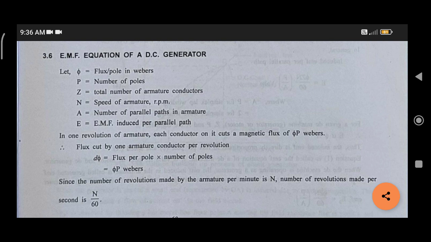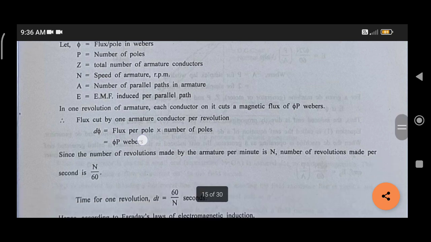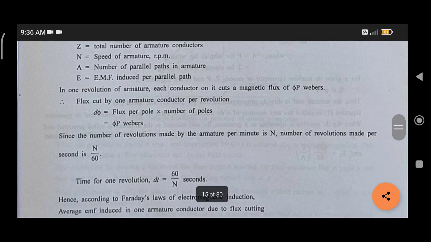Another concept is that the number of revolutions made by the armature per minute is N, so it is in RPM. If we want revolutions per second, we divide N by 60. So now we have the time, dt, equal to 60 by N, the time for one revolution.